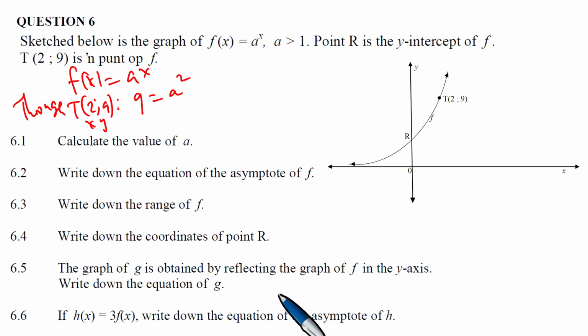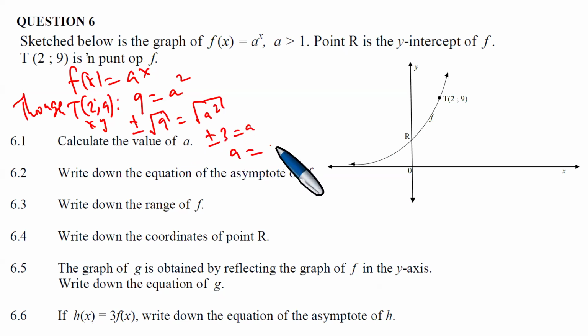And we want to find the numerical value of a. So now to find the numerical value of a, we can take the square root here. So ordinarily, in principle, we have two square roots. We have plus or minus the square root of 9, which is the square root of a squared. And this gives us plus or minus 3. It is a, which means that a is 3.